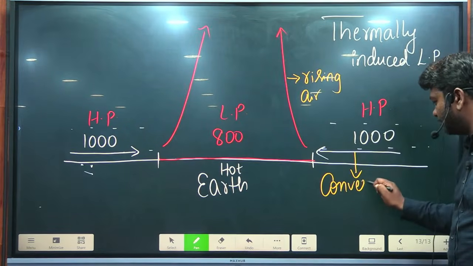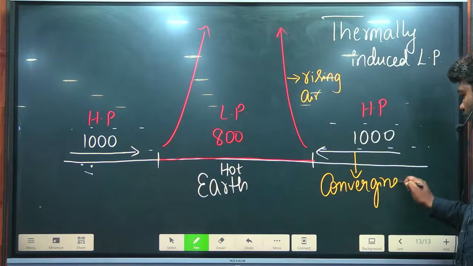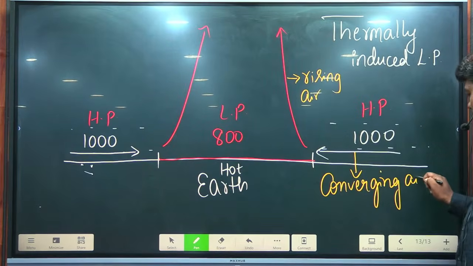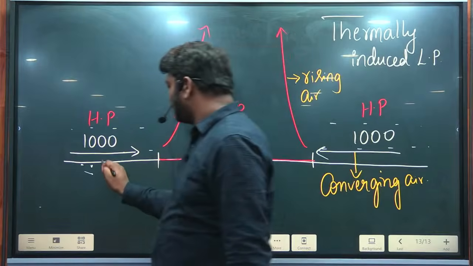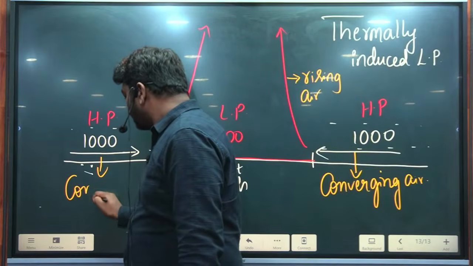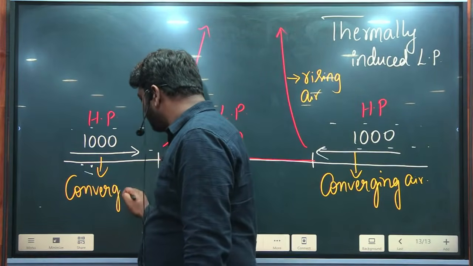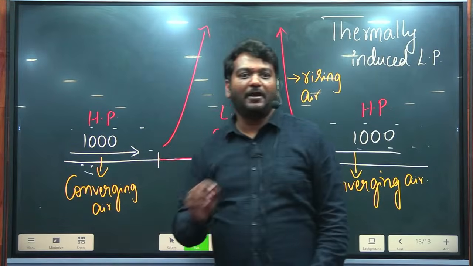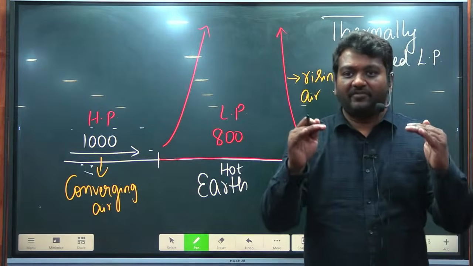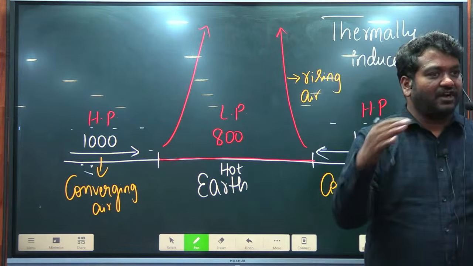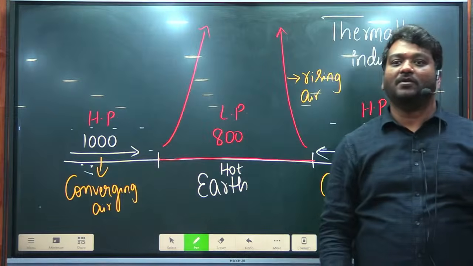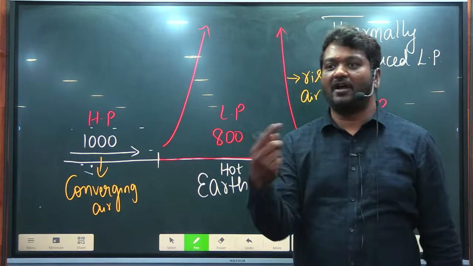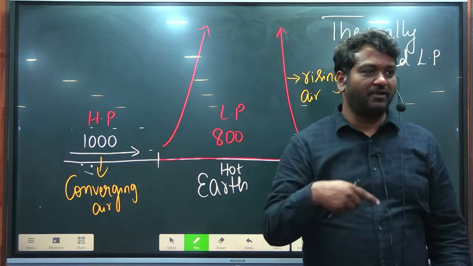Can I use the term, what is it? Converging air. Prelims question. Whenever there is converging and rising, what do you observe? Low pressure or high pressure? Low pressure. Are you getting the point?